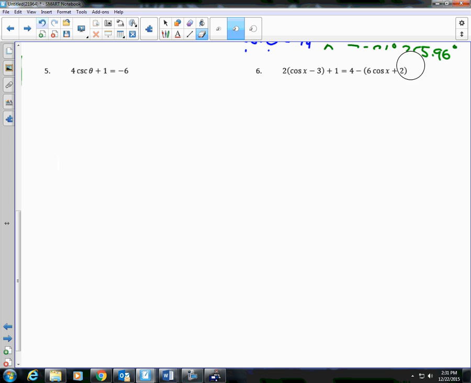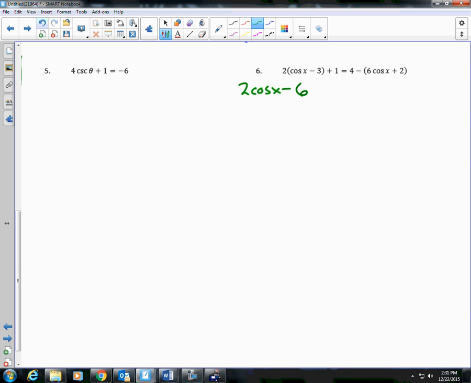Okay, last example. What do I do first? I will distribute 2 cosine of x minus 6 plus 1 is equal to 4 minus 6 cosine of x minus 2. Distribute the negative all the way through. Good.